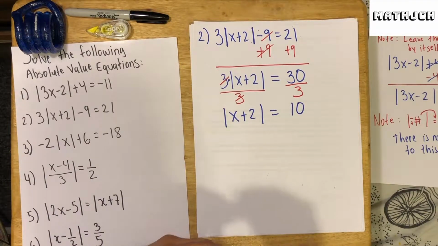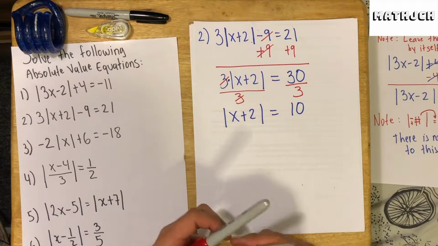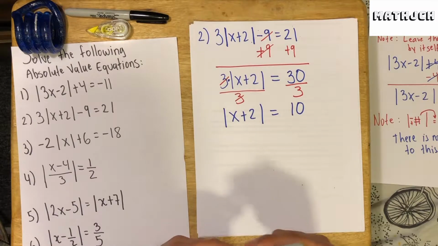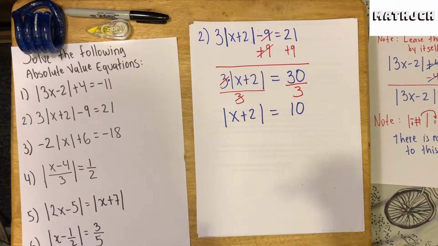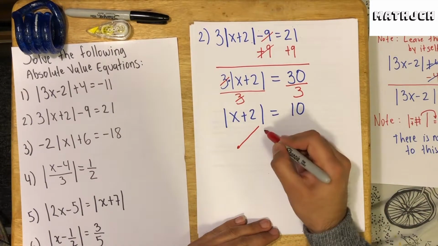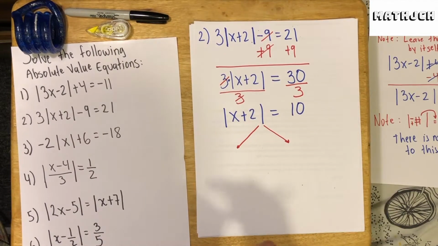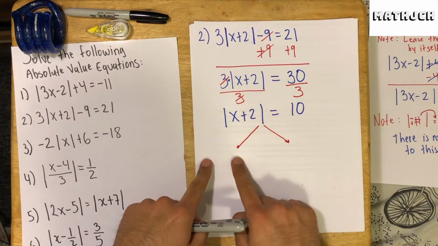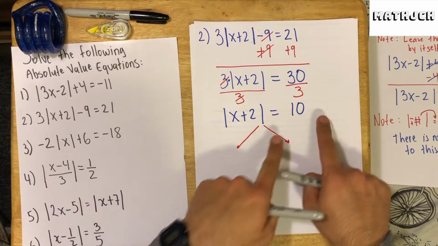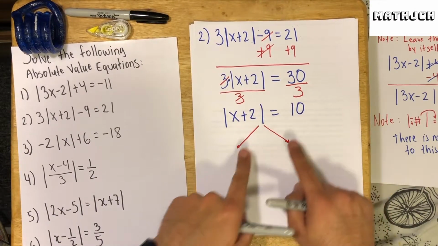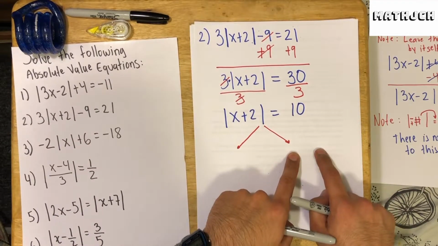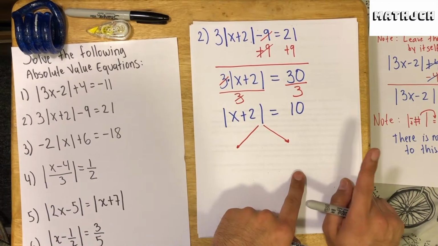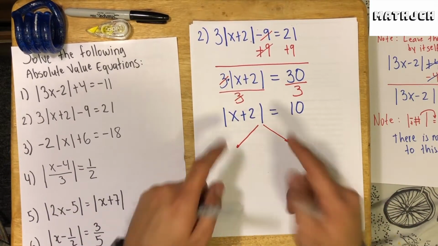Now, how do we solve absolute value? The way we solve absolute value is that we split it into 2 solutions. One solution is going to be with the positive 10, and the other solution is going to be with the negative 10, but this time without the absolute value.